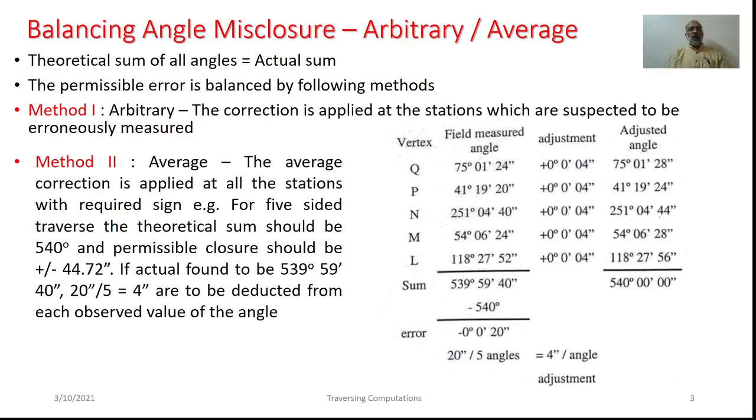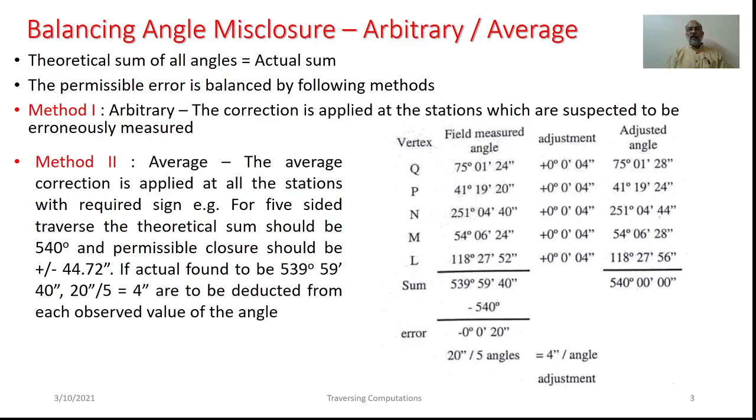So, this appropriate adjustment is termed as balancing of angle of misclosure. We have various methods for that. The first method is treated as arbitrary.